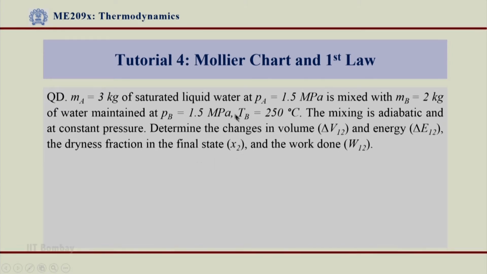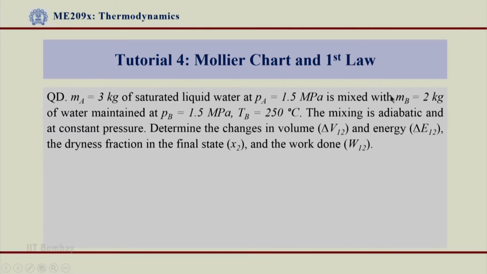The thermodynamic state is at first point 1 or state 1, which goes from this thermodynamic state to thermodynamic state 2, which is maintained at point 2. The problem says that we have two fluids maintained at two different thermodynamic conditions: given pressure and saturated liquid of 3 kg mass.